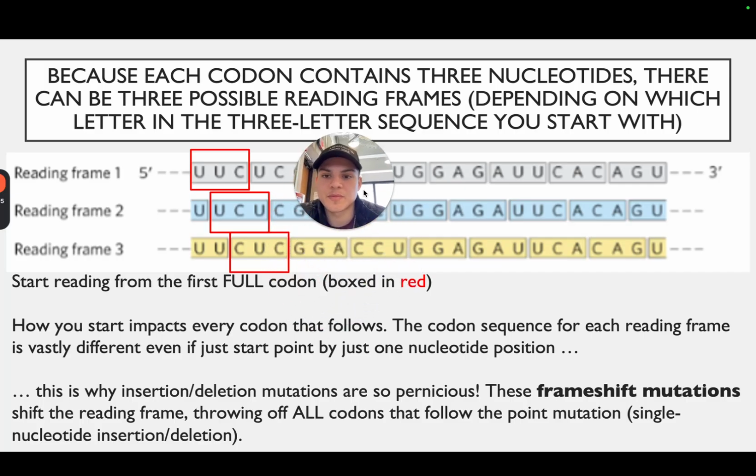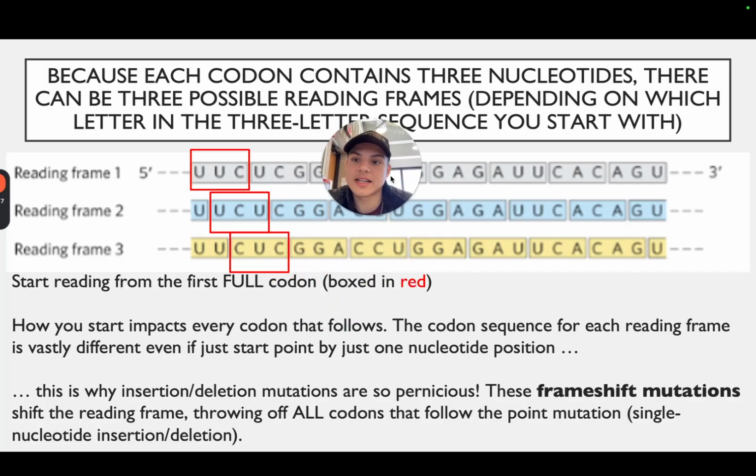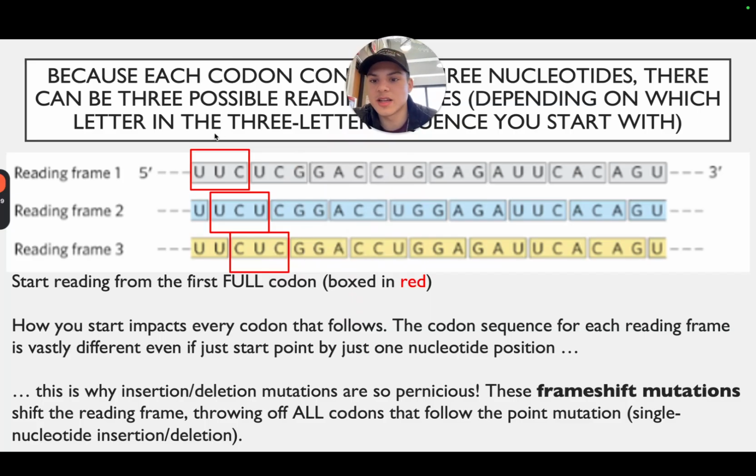And again, because each codon contains 3 nucleotides, there can be 3 possible reading frames, depending on how you read it. The way you establish the reading frame is by finding AUG. So it'll read until it finds the AUG. For example, here, let me see if I can find AUG. There's no AUG here. But essentially, this is not a set reading frame per se. You just keep going until you find an A and then UG.